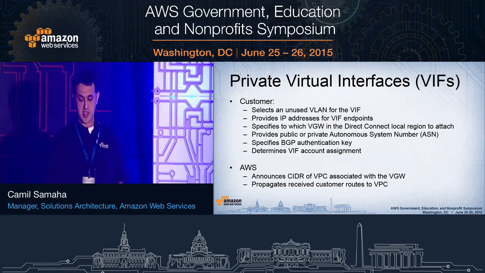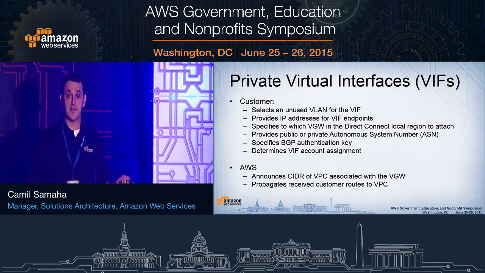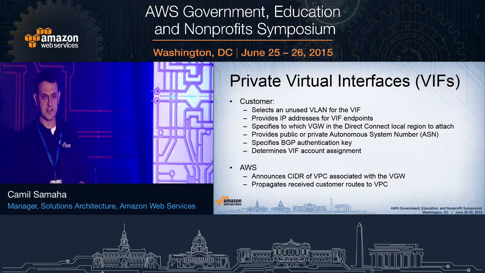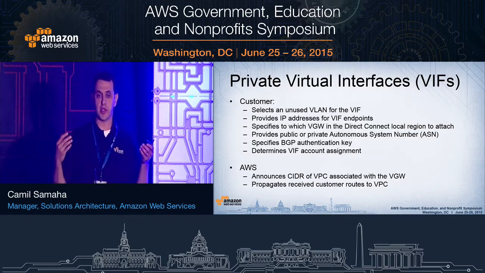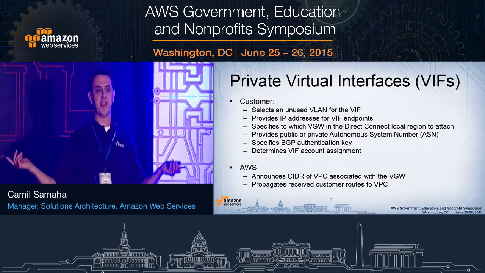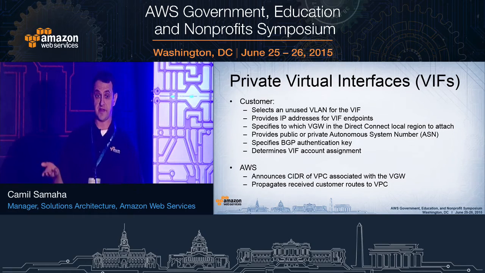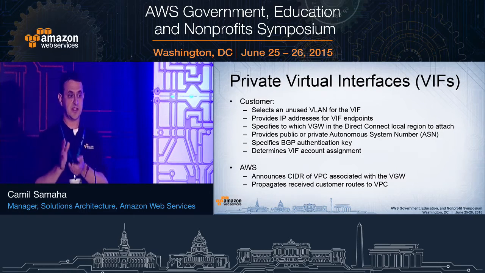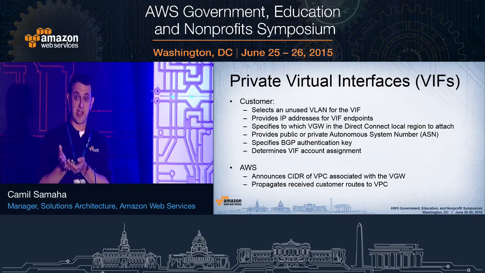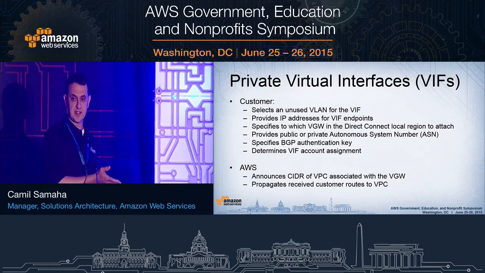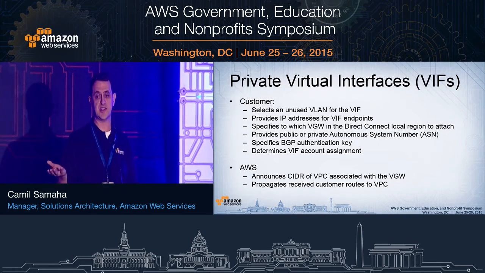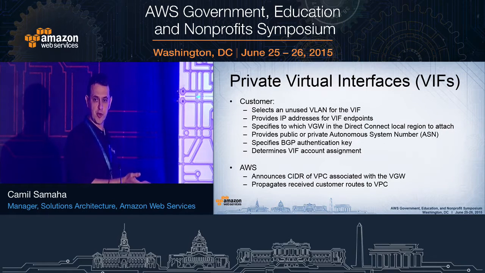All right. On the other hand, if you have a private virtual interface, then you can advertise any IP address block that you wish. A lot of people take an extension of the IP address block that they use in their data center, and they assign a CIDR block out of that and advertise it. In effect, you're extending your data center's network into AWS.